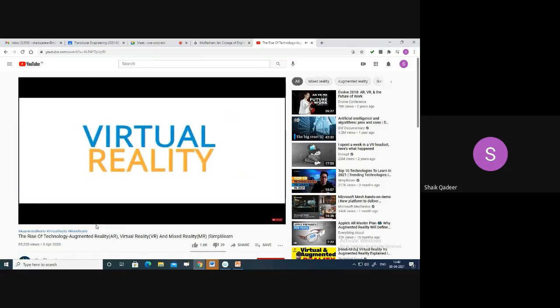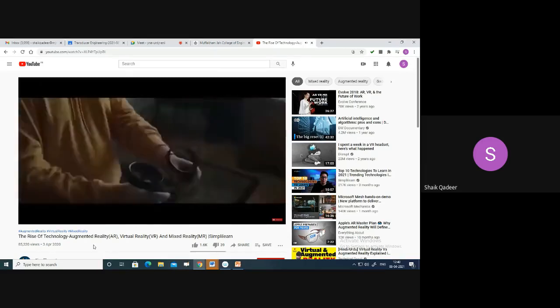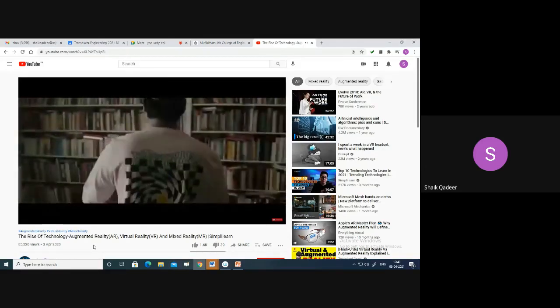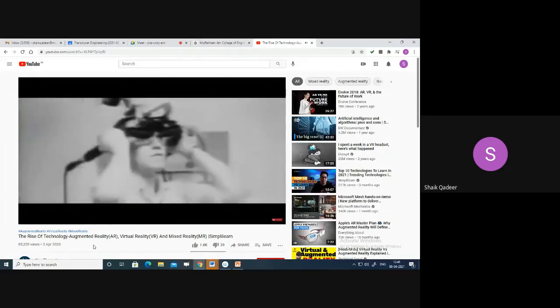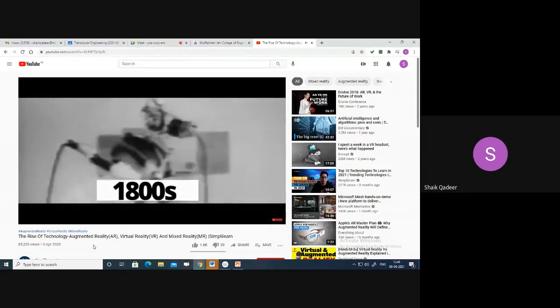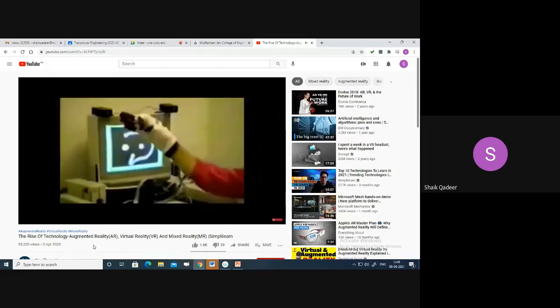Let's start with virtual reality. Virtual reality uses VR headsets to create a simulated environment and helps an individual to immerse into it to experience an entirely different reality. However, the historical journey of virtual reality began back in the 1800s. This marvelous idea has been evolving from the time practical photography came into existence.